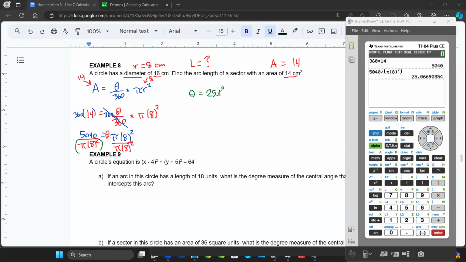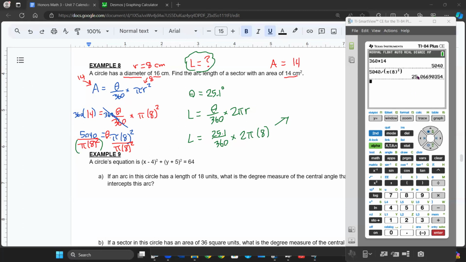I'll write that on paper. So now I want to find my length, so I'm going to plug it into that length formula again. L equals theta over 360 times your circumference, which is 2 pi r. So we'll plug in 25.1 divided by 360 times 2 pi, and since the radius is 8, we'll write 8 in there, and we'll get our new length.